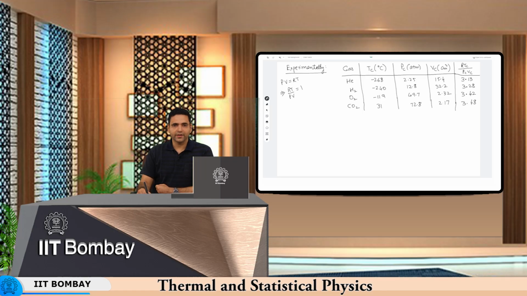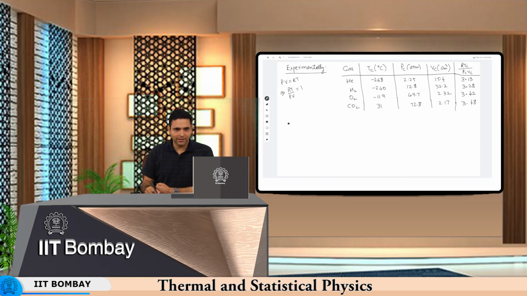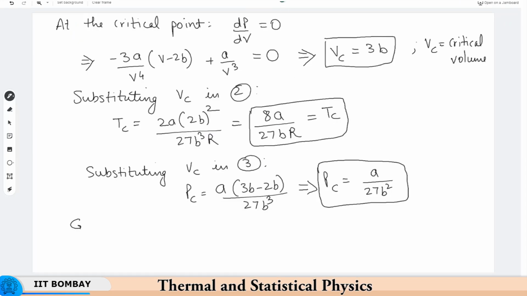Okay. But now what we can do is evaluate this quantity from the PC, TC, and VC that we have evaluated here, right? So let us see. So from the real gas equation, we can see RTC by PC VC. All we are going to do is substitute these values. So TC is 8A by 27 RB.